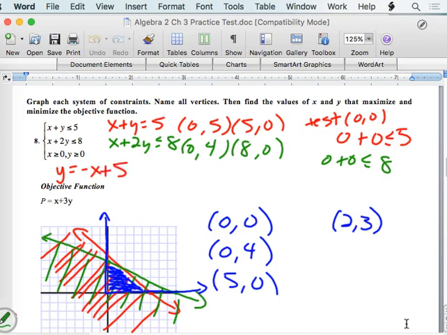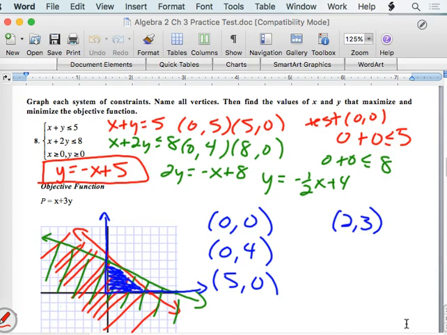My green equation, I'd subtract the x, and then I'd have to divide by 2. So what I need to do is put this into my calculator, but with less than or equal if I can. My calculator up here has that capability, so I could put less than or equal to right there, and then put the green one in, and that one was also less than or equal to.